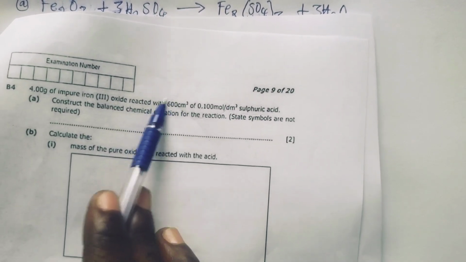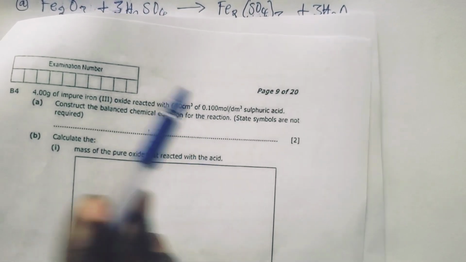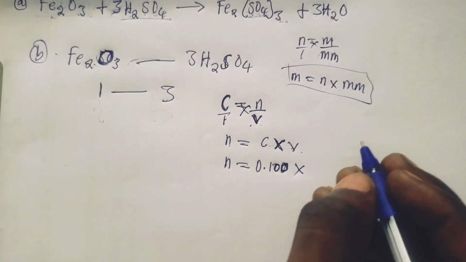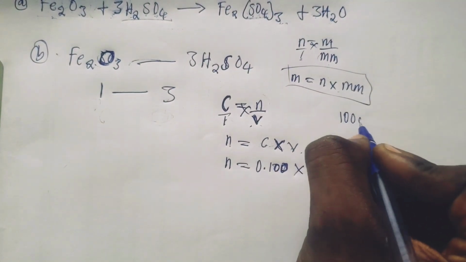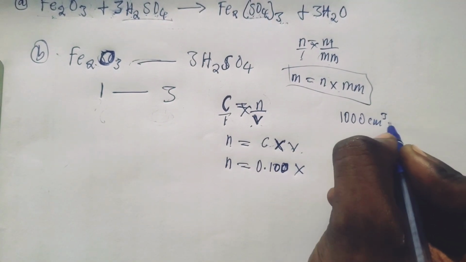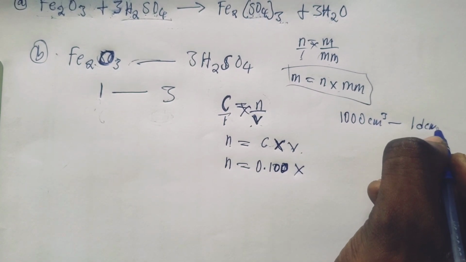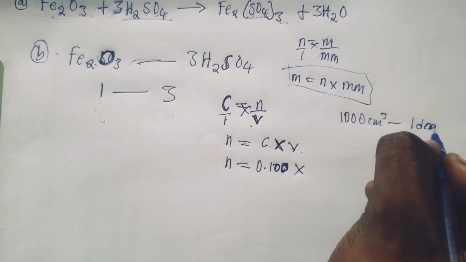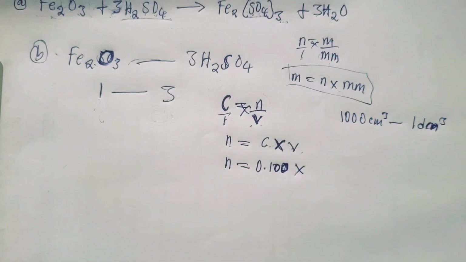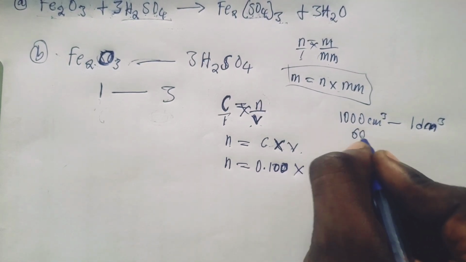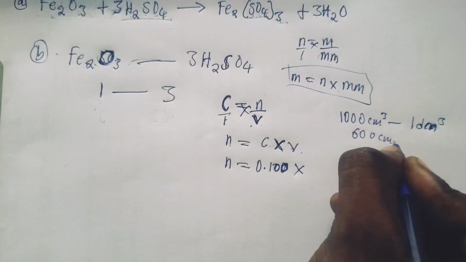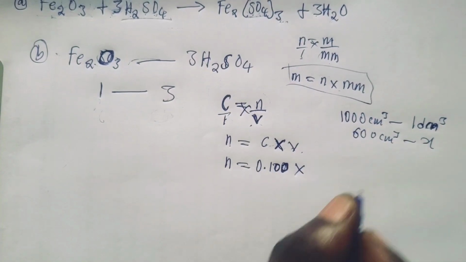So you have to convert this volume from cubic centimeters to cubic decimeters. It's very simple. 1000 cubic centimeters is equal to 1 cubic decimeter. What about 600 cubic centimeters, it is equal to how many cubic decimeters?